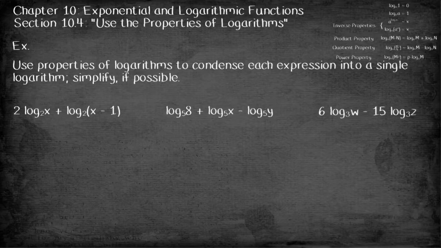All right. So actually, looking at this first one, we have 2 times log base 2 of x. And we can apply this power property to that situation to rewrite it as log base 2 of x squared.